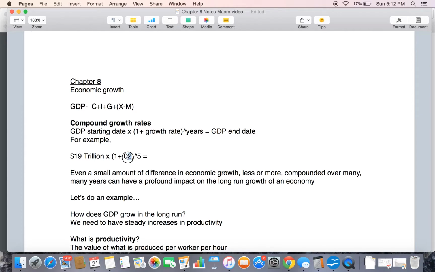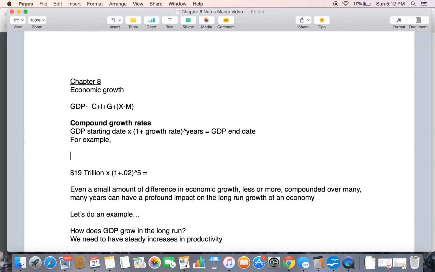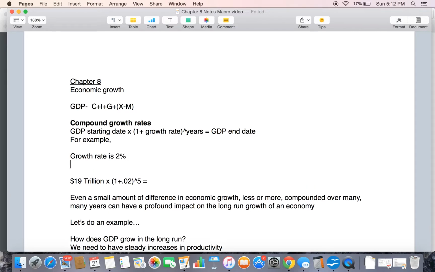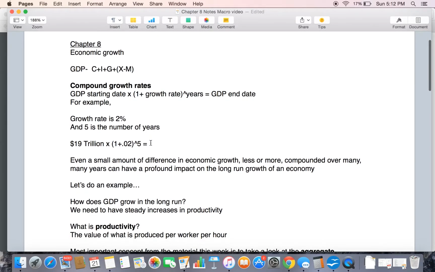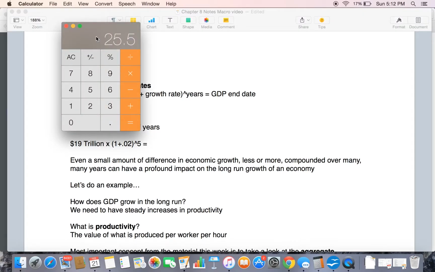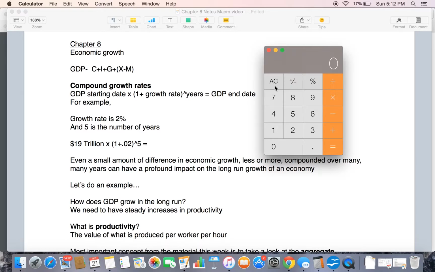So 2% would be the amount of growth that we're experiencing. And 5 is the number of years we're looking at that growth happening. So every year we see 2% growth. Well, what will be the value of GDP in 5 years?